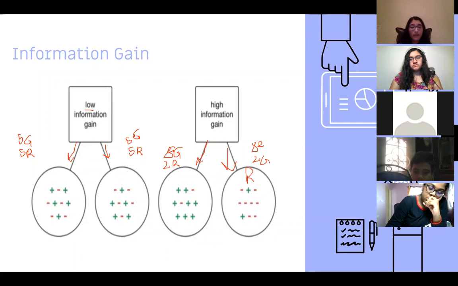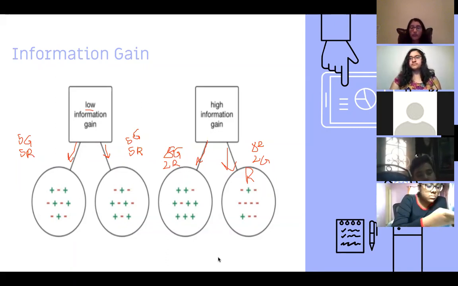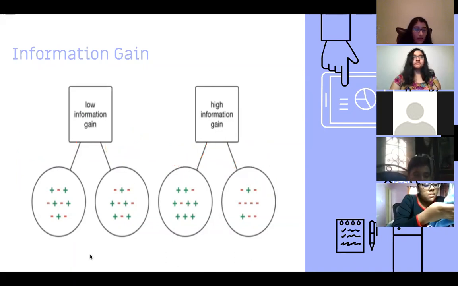So that's what you mainly want to think about. When you're going over decision trees, make sure you understand the difference between low information gain and high information gain, and know that information gain is the main idea behind creating these splits for decision trees.